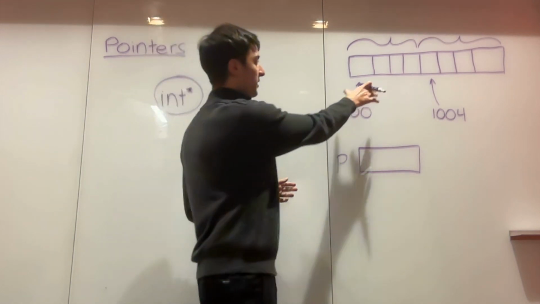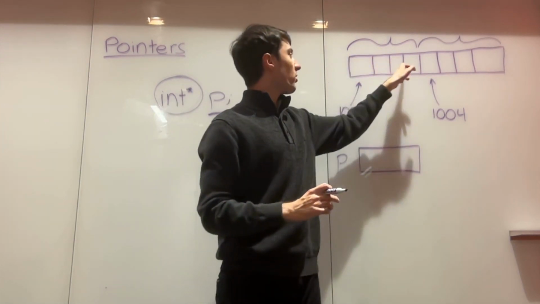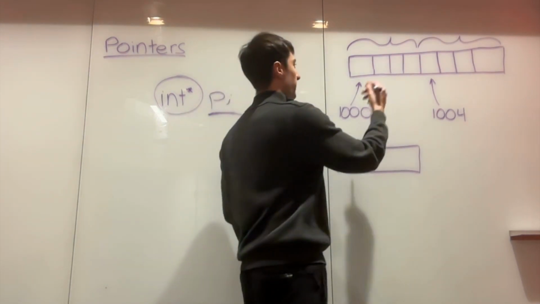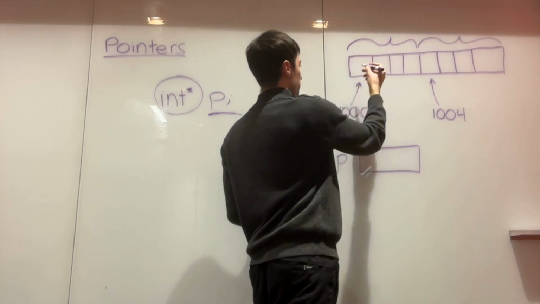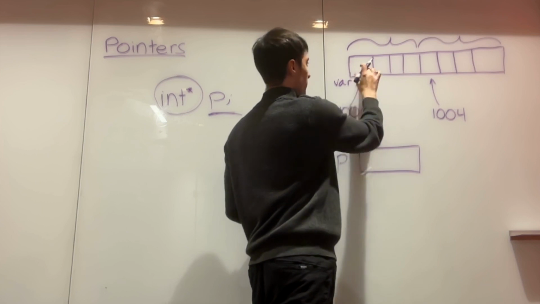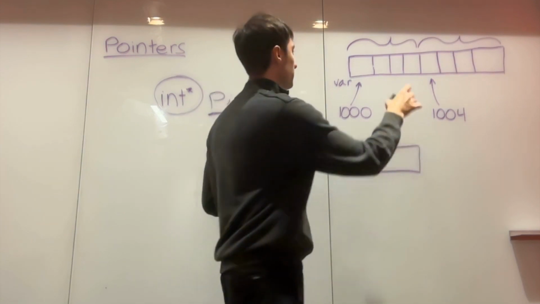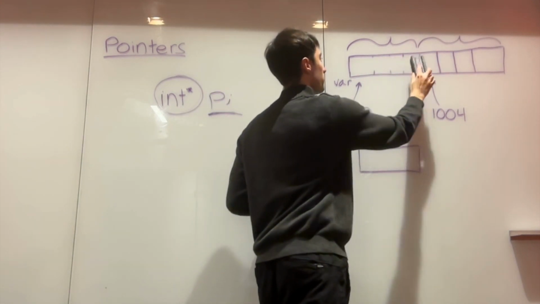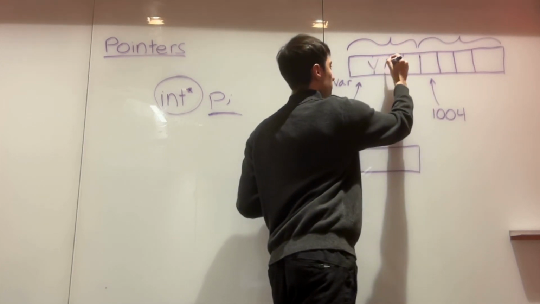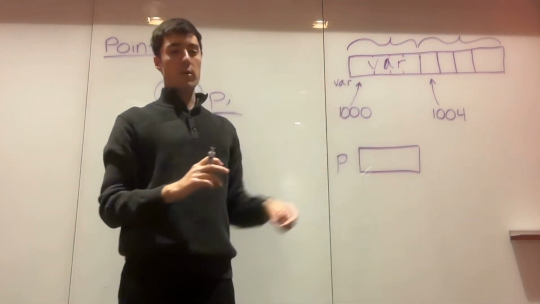But let's say that this memory address right here, these 4 bytes, contain an integer value, and let's just call it var. So var lives right here. Here's var. It lives right here, starting at 1000.